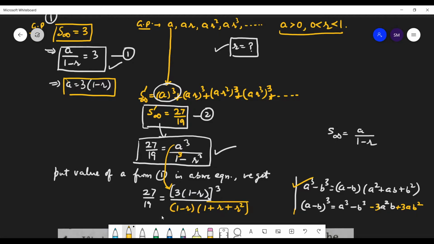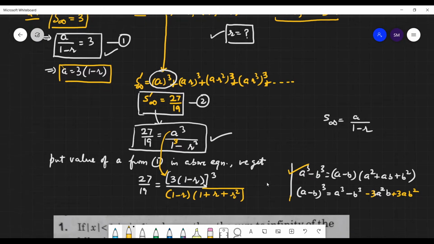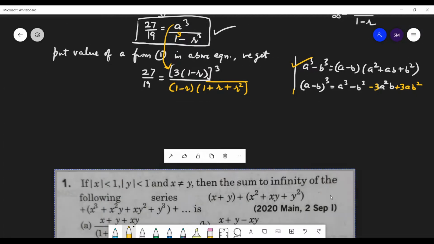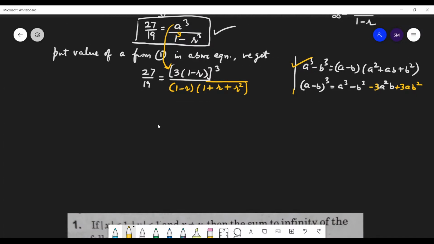So students, from here 27 upon 19 is equal to 3 raised to the power 3, 27, into 1 minus r raised to the power 3.